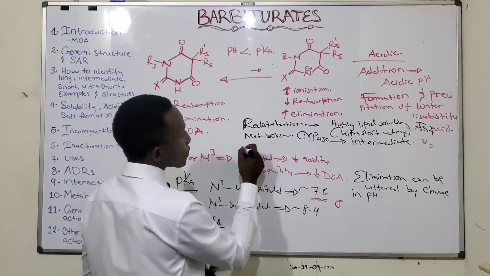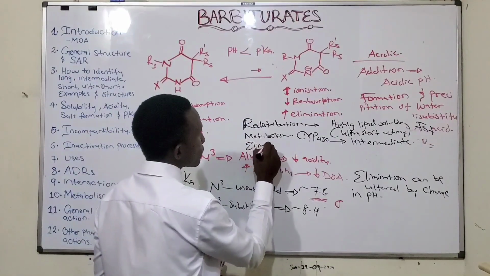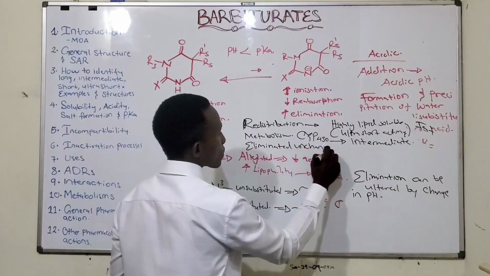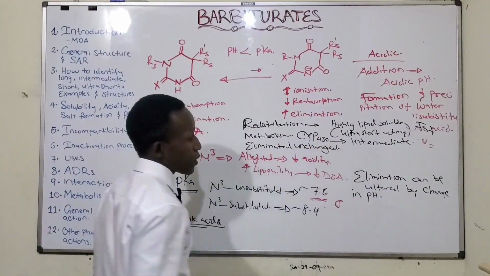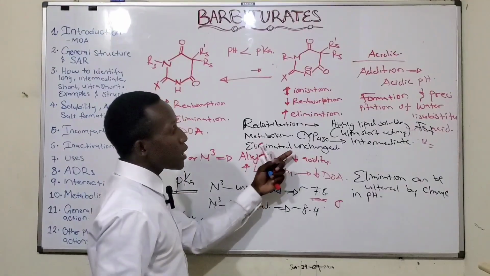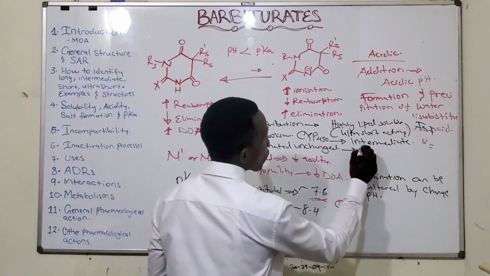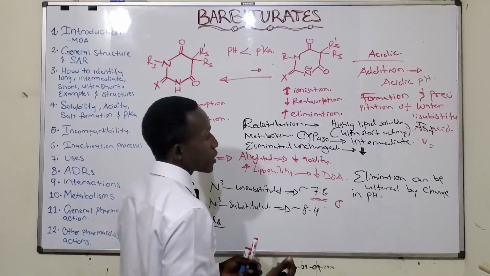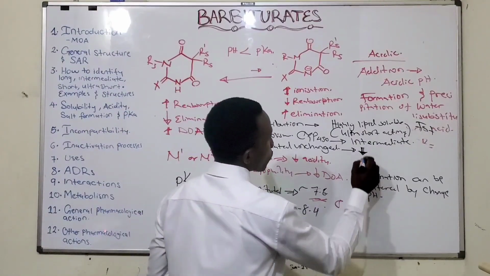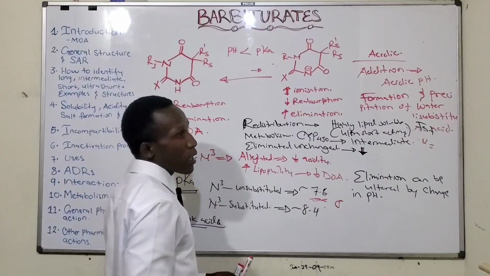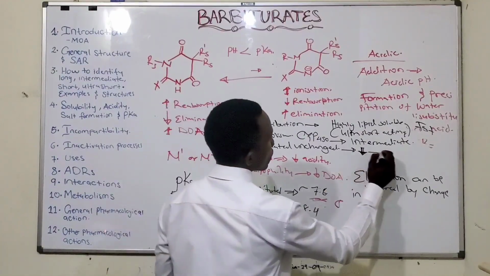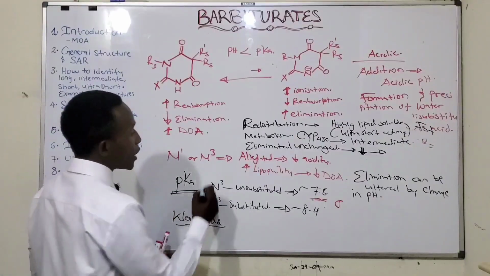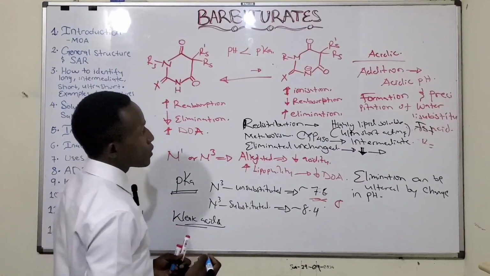Then some drugs can be eliminated unchanged. The long-acting ones can be eliminated unchanged because of the low solubility. The low lipid solubility means that more of the drug can be present as water soluble and can go to the urine directly. Also remember that these drugs induce their own metabolism.